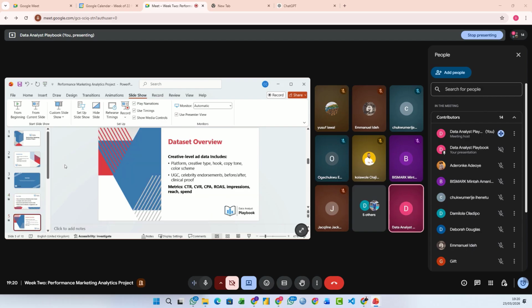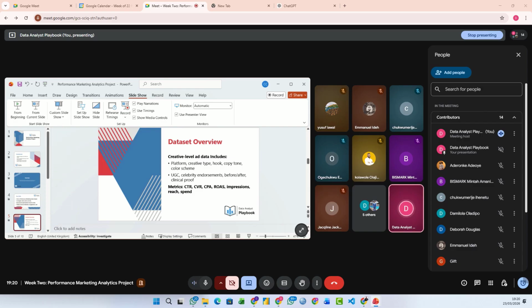Now we'll also look at our data set. Our data set is quite a little bit robust, but the analytical process will break it down. We'll do this project over like 2 weeks so that we don't push ourselves over the limits. But if you have the strength to go over it in 1 week, it is good. But we try as much as we can to cover all bases in 2 weeks.